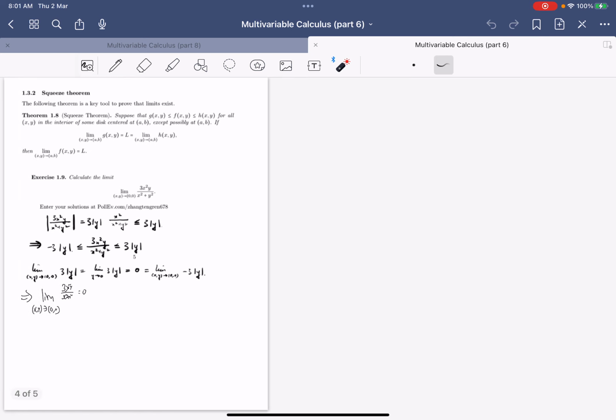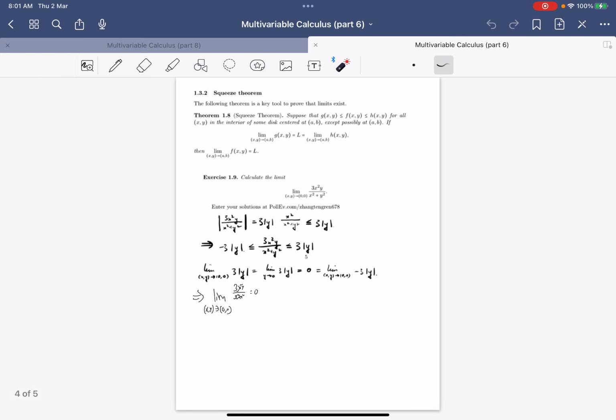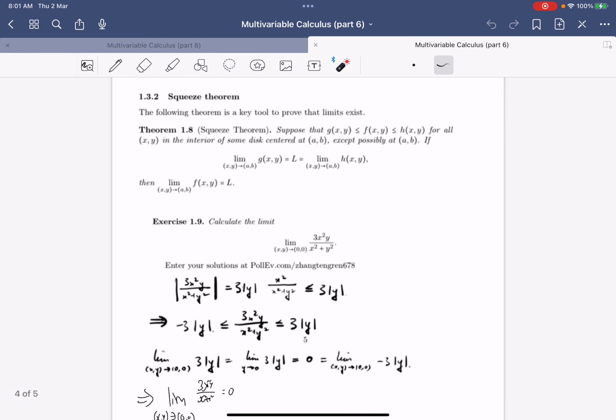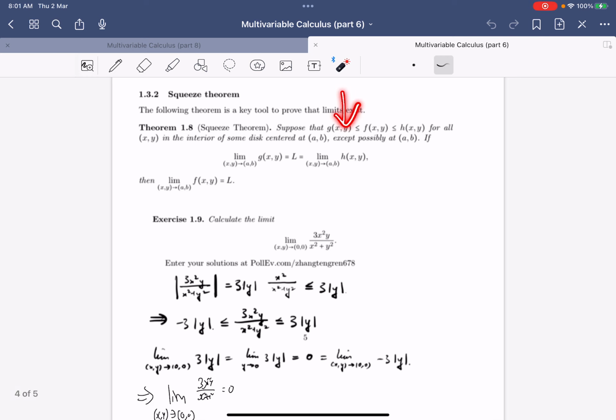Another use that we often associate with finding limits is known as the squeeze theorem. The squeeze theorem states in the two variable case, exactly the same as in your one variable case, that if your function is bounded between two other functions g and h, and these two functions have limiting values of L as (x,y) approaches (a,b), then your middle function is squeezed between them and will have a limit value of L as well.